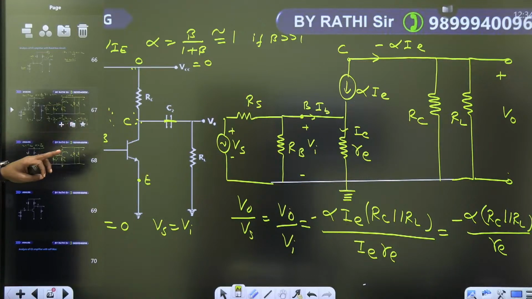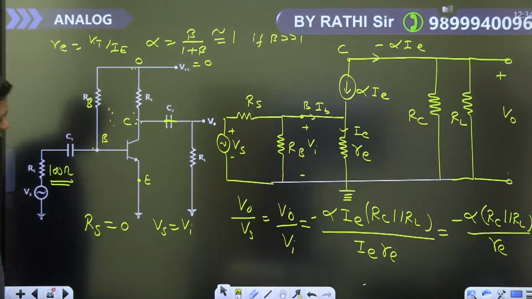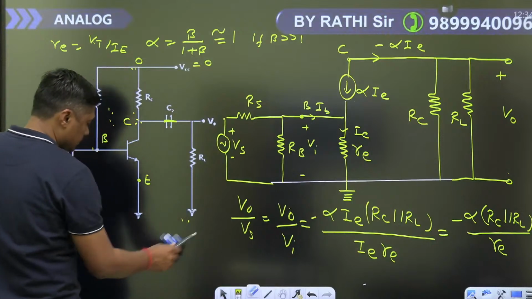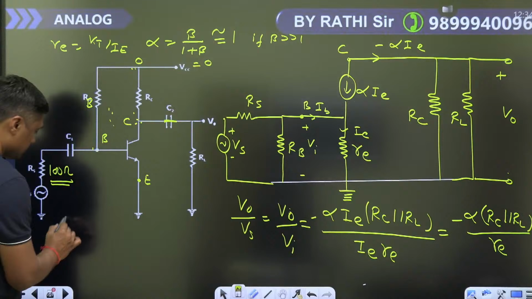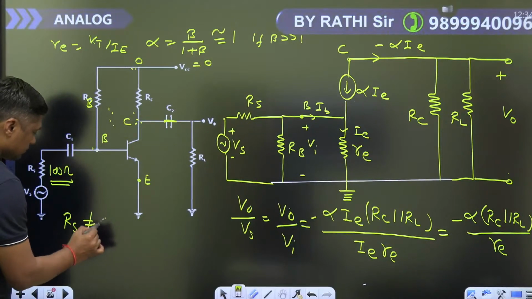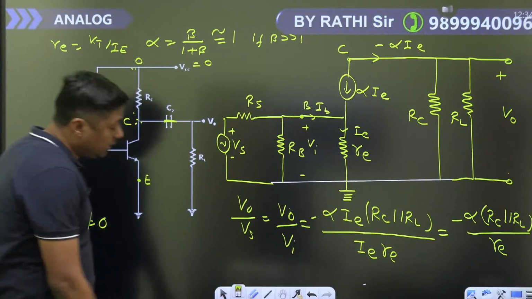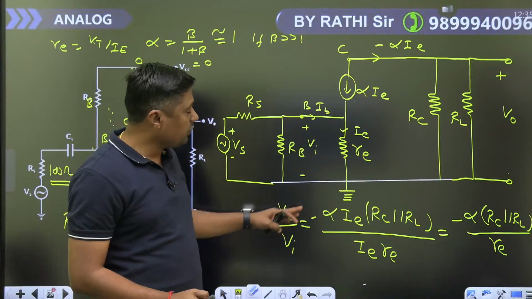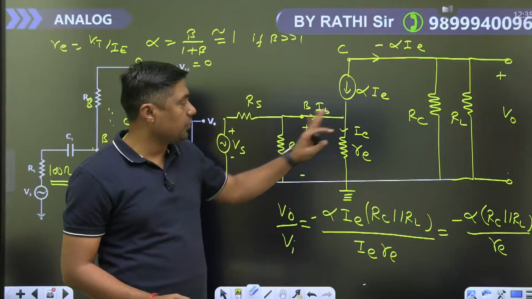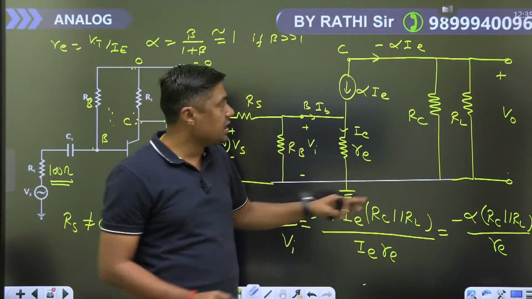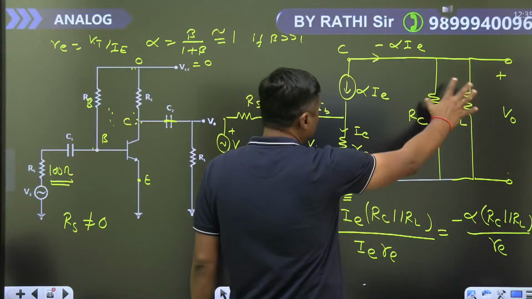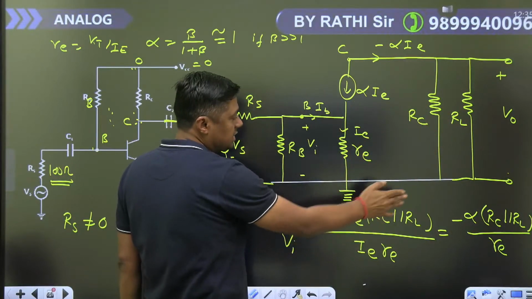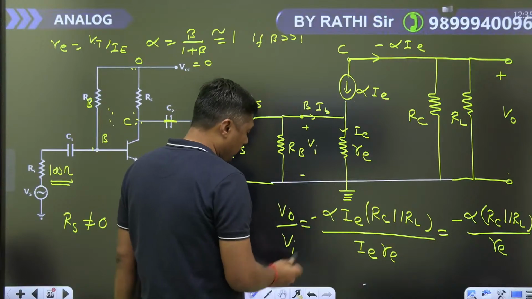Different story means, first of all, let the RS be non-zero values. Then first find the V naught upon Vi like this. V naught upon Vi, same logic: minus alpha I RC parallel with RL. This is the V naught. What is the Vi? I into Re. I cancel. That is the V naught upon Vi. So first of all, find the V naught upon Vi.